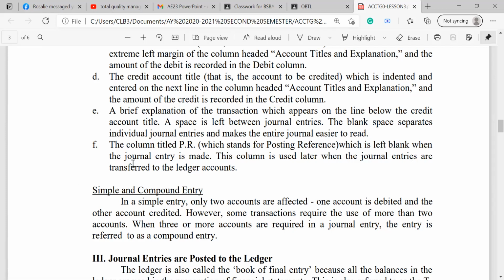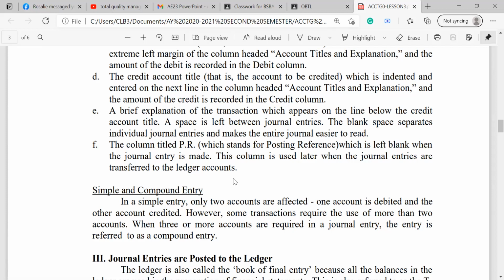When you prepare the journal entry, blanco muna yon. Bakit? Kasi kapag tinransfer mo na yung journal entry dun sa ledger accounts, which will be discussed later on, dun ka lang babalik ulit at lalagyan mo ng details, yung posting reference natin.